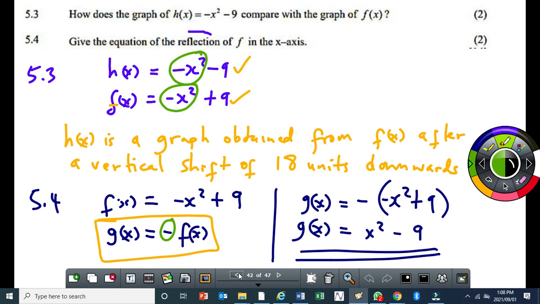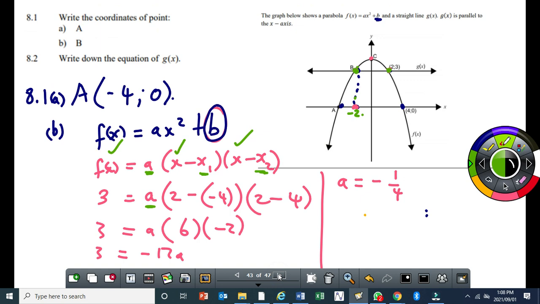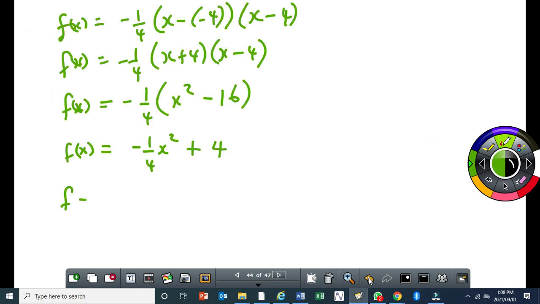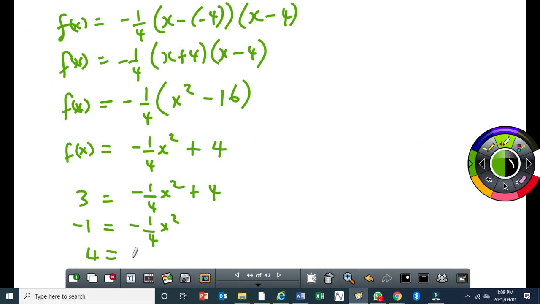Therefore, I can put 3 there, and then I have to solve this. So I'll get minus 1 equal to minus the quarter x squared, and this will give me 4 equal to x squared. And then eventually you get x equal to plus minus 2.